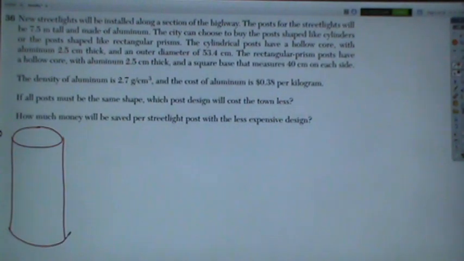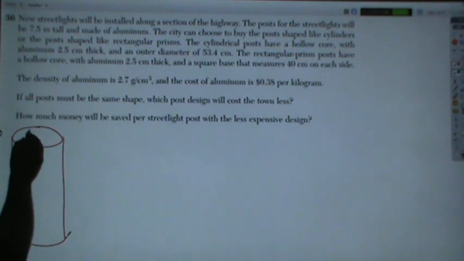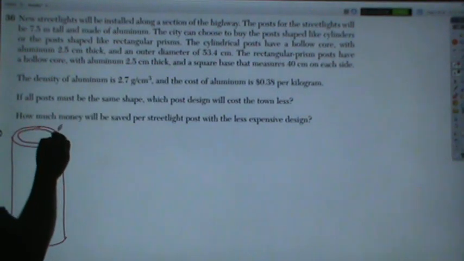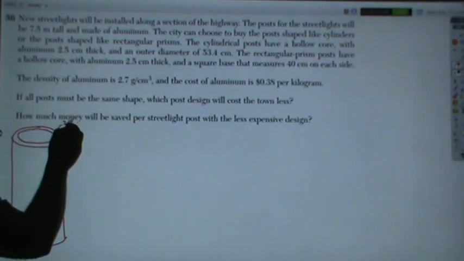And it says that it's going to have aluminum 2.5 centimeters thick. So that means that I have a circle within my circle. And right here, this thickness is 2.5 centimeters.